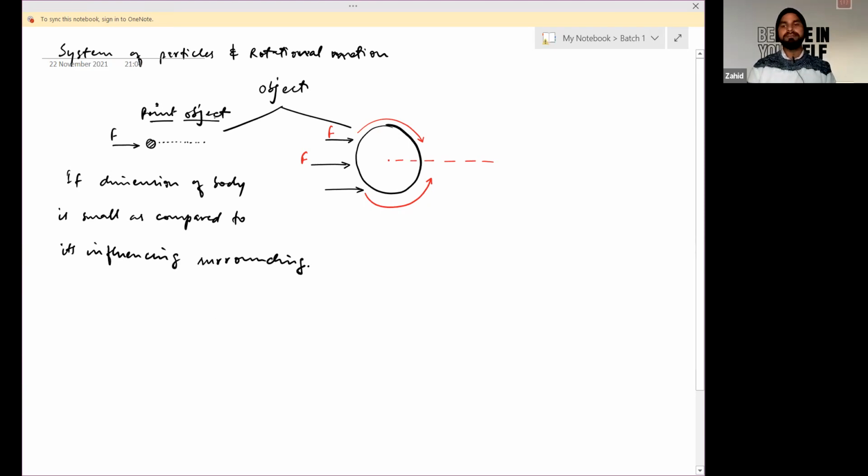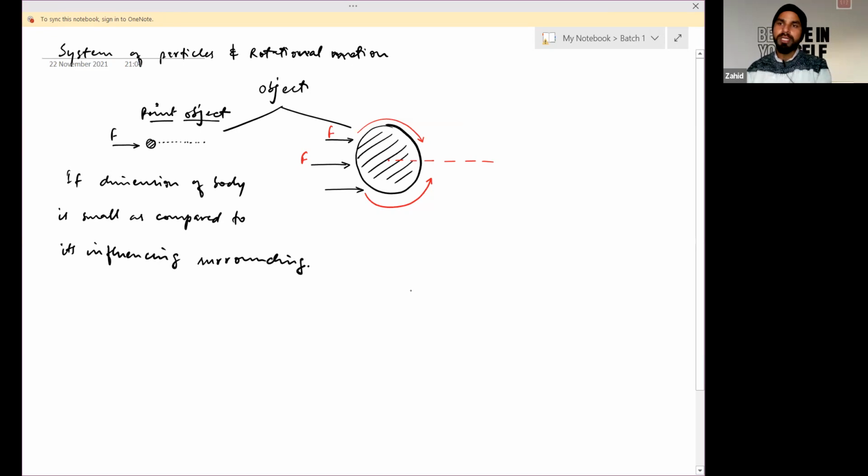Khalid, is it clear? Yes, sir. In the second example, I have given you a sphere or a solid body whose dimension is large enough so that if you apply force at a different position, it will move in a different sense.